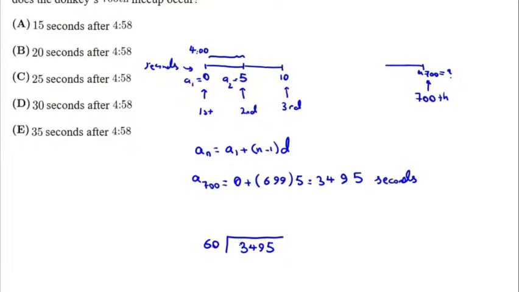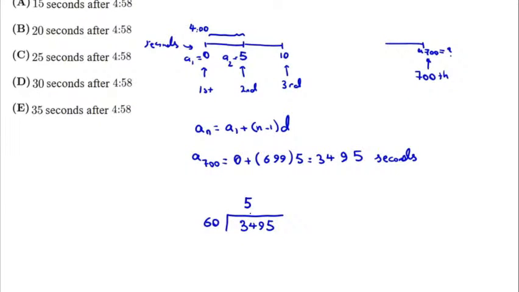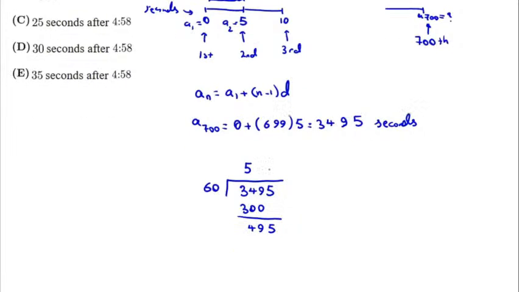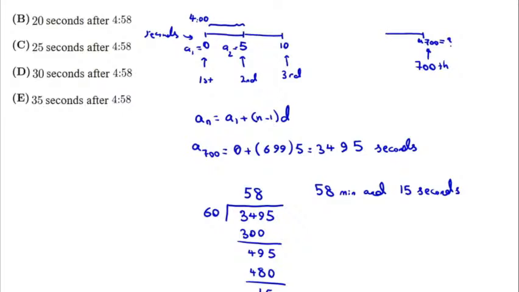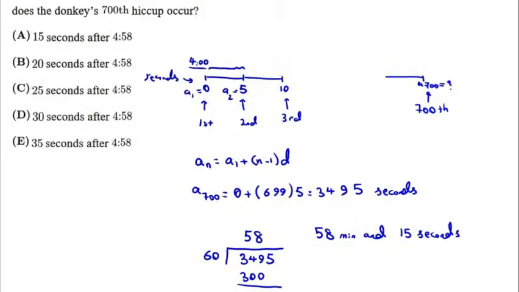If I divide 3,495 by 60, it will be 58 minutes and 15 seconds. Because when we start, the time is 4, it will be 4:58 and 15 seconds. So the answer will be A.